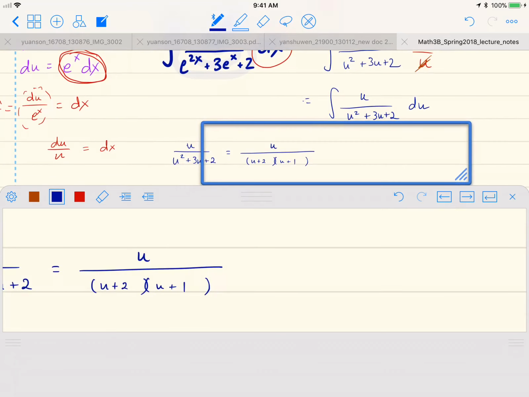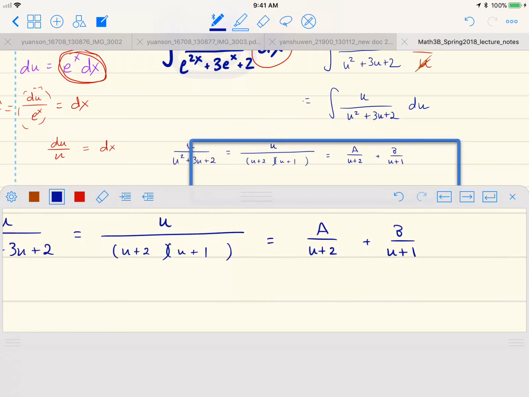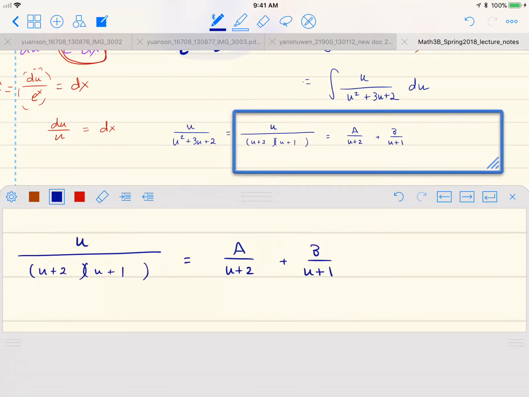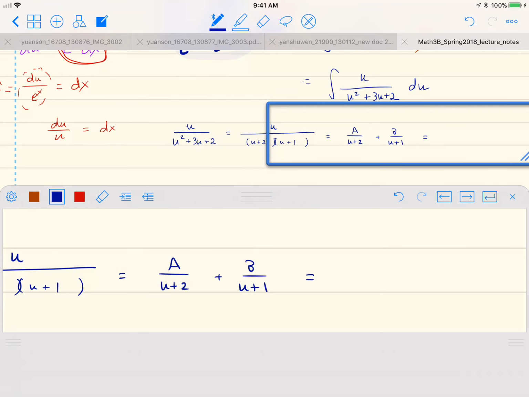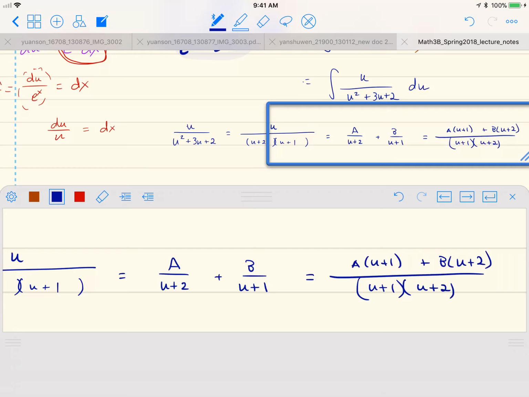So now our form is going to be a over u plus 2 plus b divided by u plus 1. Okay. And so now I'm going to write this is equal to a times u plus 1 plus b times u plus 2 divided by u plus 1 times u plus 2.